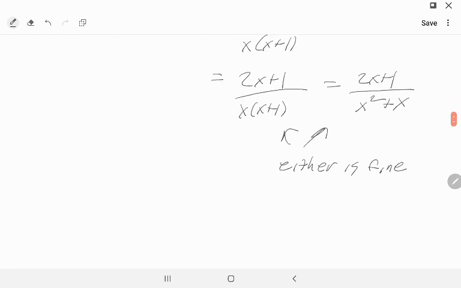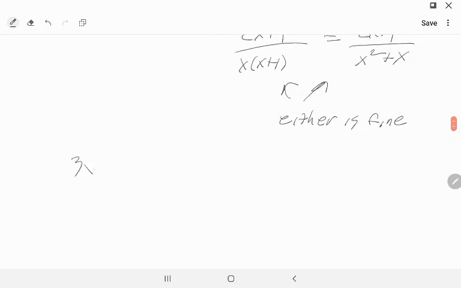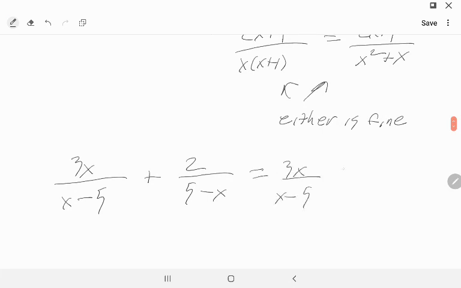And then we would pay attention to cases where it looks like we don't have a common denominator, but we actually do. If we had 3x divided by x minus 5 plus 2 divided by 5 minus x, we notice that this is the same thing as plus negative 2 divided by x minus 5.